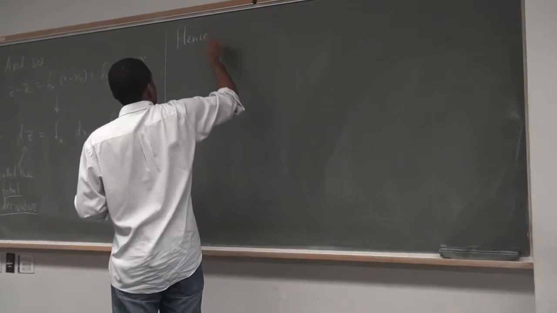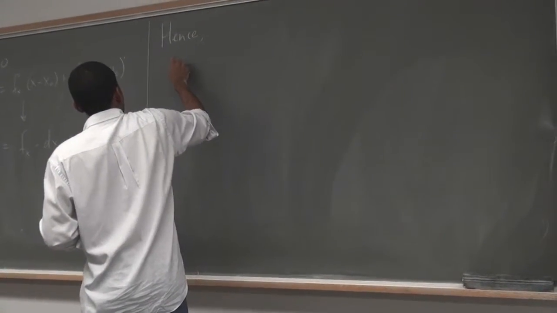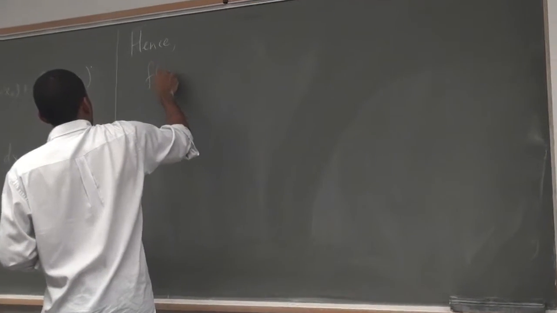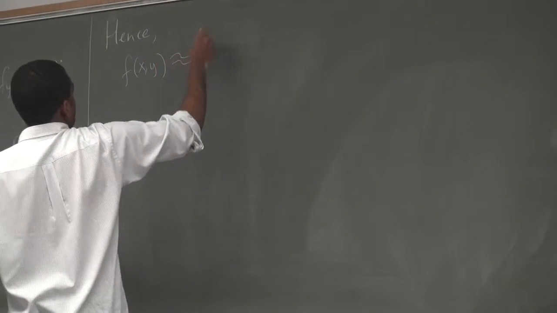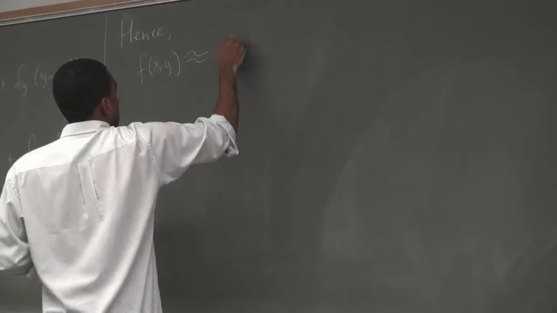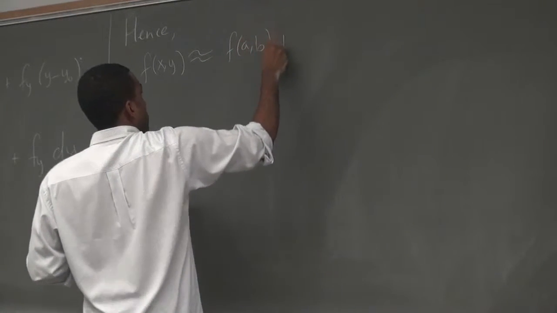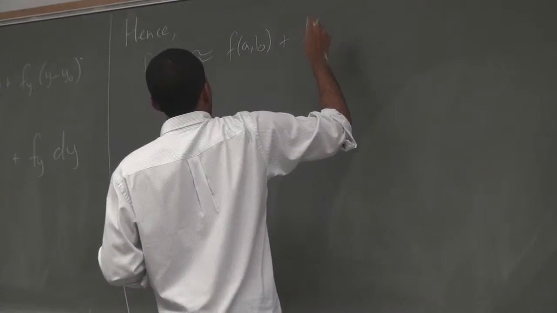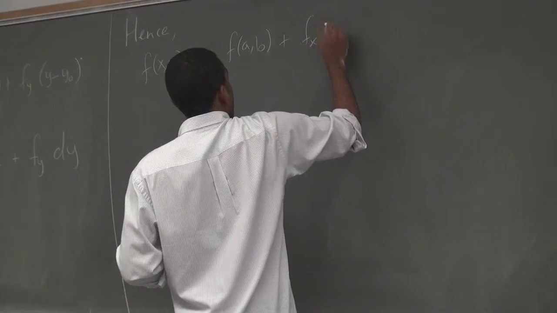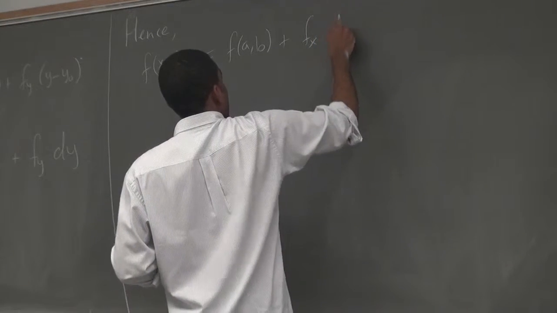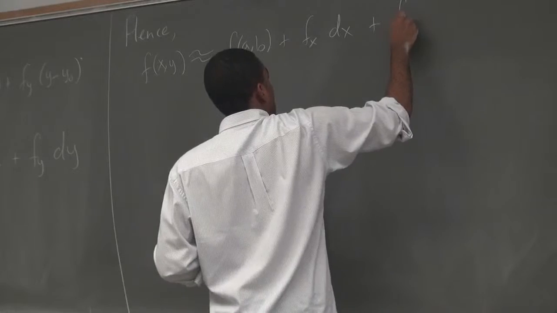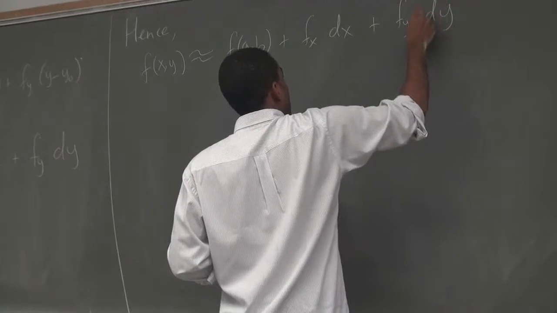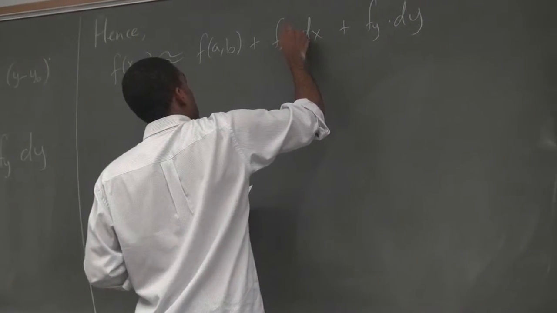Hence, you could say something like f of x, y is approximately equal to this, where these are evaluated at a, b.